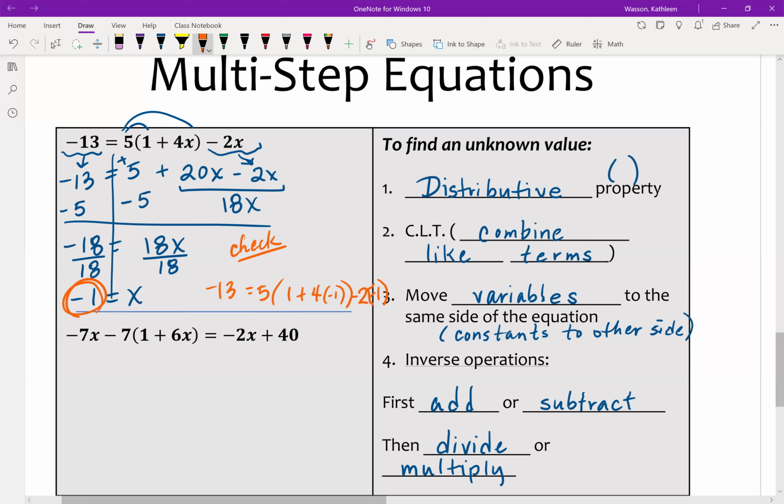So I need to know if 5 times (1 plus 4 times -1) works. We do the parentheses first. -4 plus 1 is -3, so this would be 5 times -3. Wow, which is not what I wrote.